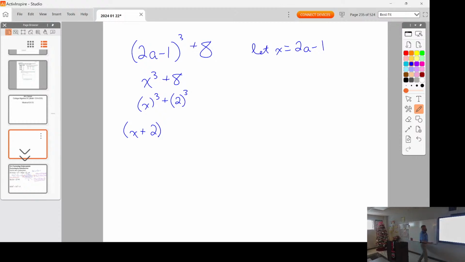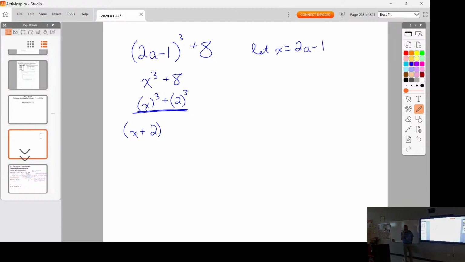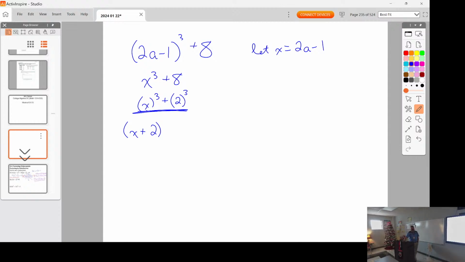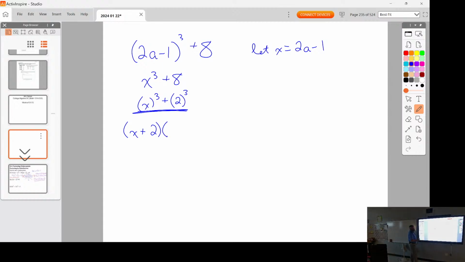Let's see what you did. And that's why, did you write this step down, Parker? Where I actually identified the cubes, and that might help you. Very easy to do what you did. Okay, times. First term squared would be x squared.